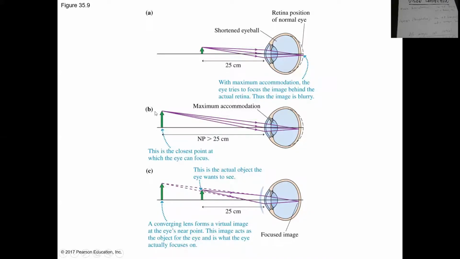This is the closest that you can place an object and still have that person be able to focus it on their retina. A far-sighted person, somebody who can see far away easily, would still like to be able to read a book up close, or see the tomatoes clearly that they're dicing on the cutting board.